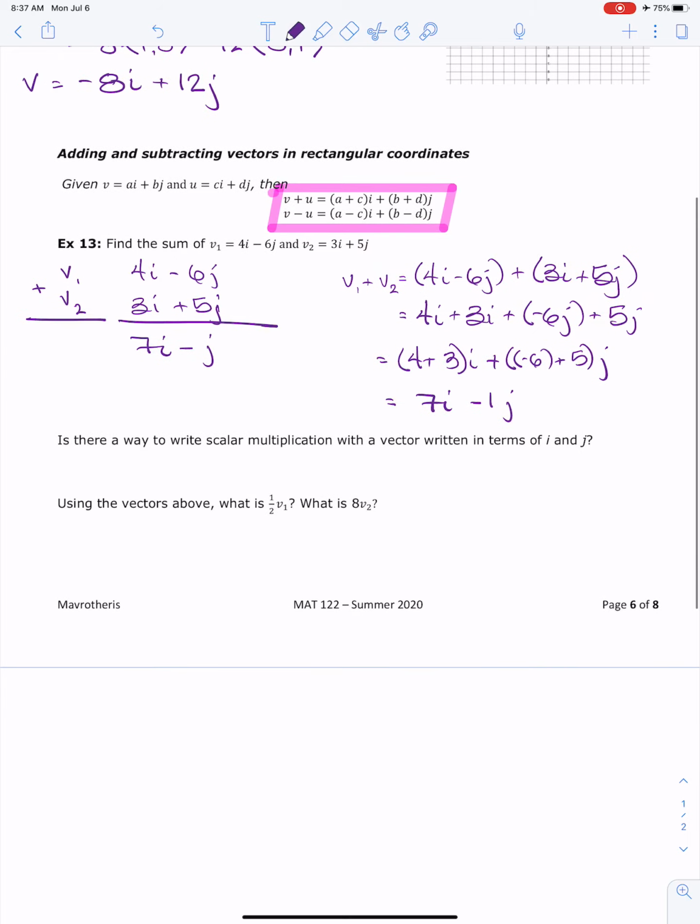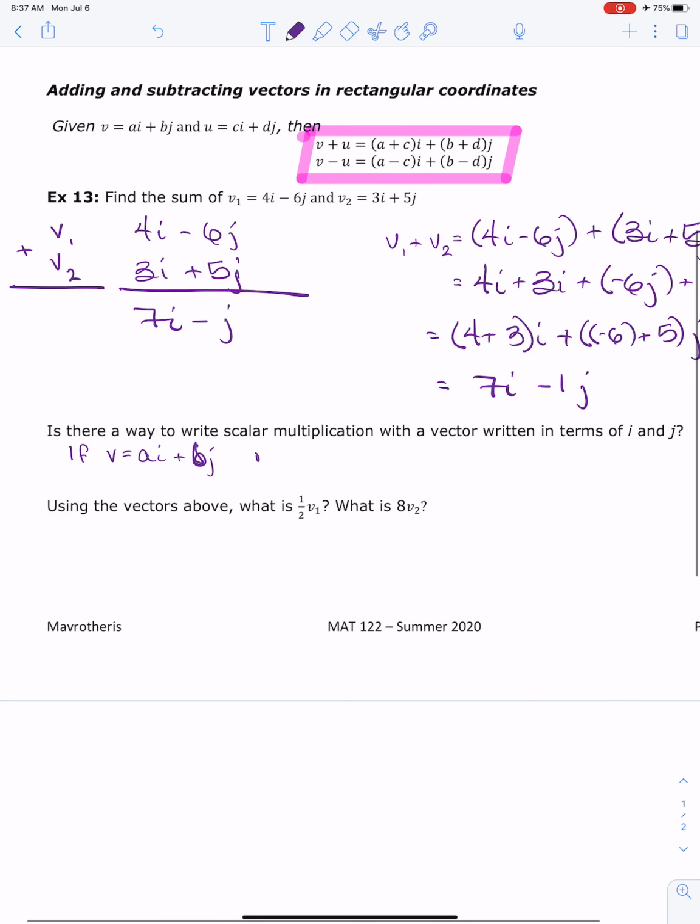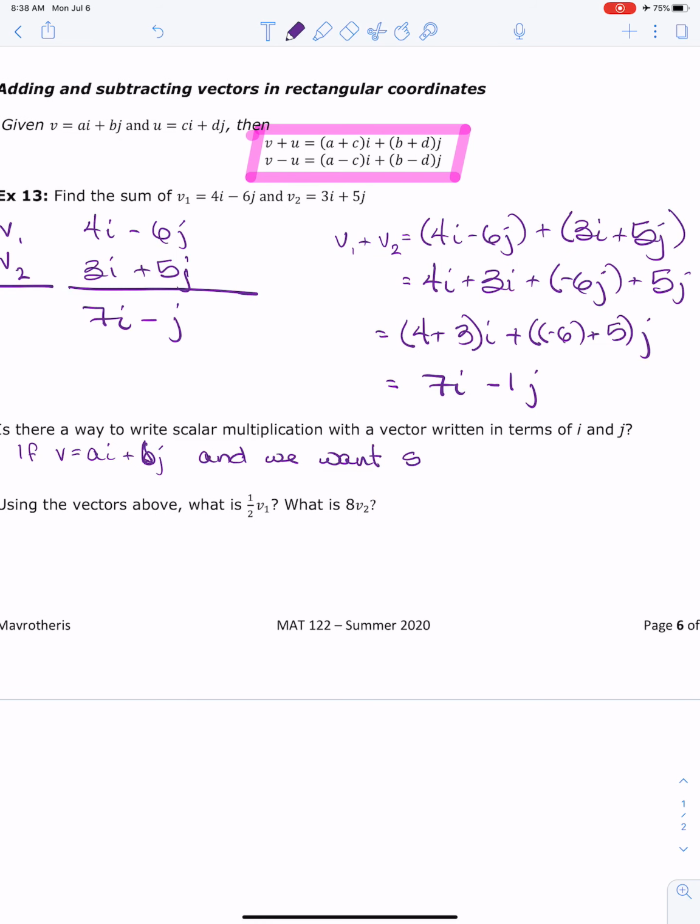Okay. That scalar multiplication, you guys, that's going to work the way you think it does as well. So let's just use v. If v is ai plus bj, and we want some scalar, let's call it s, times v, it's going to be s times a i plus s times b j.